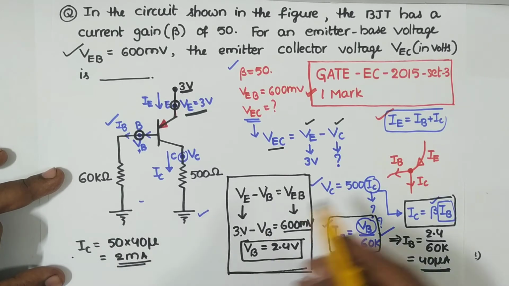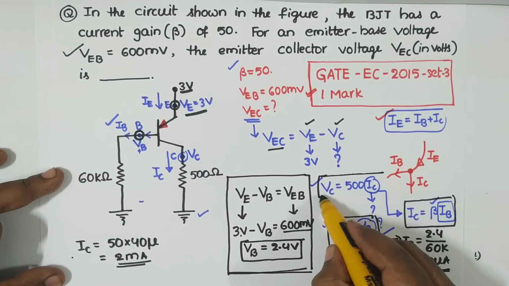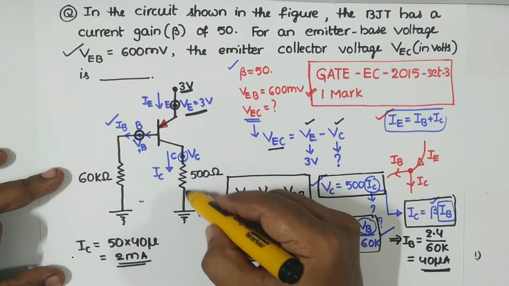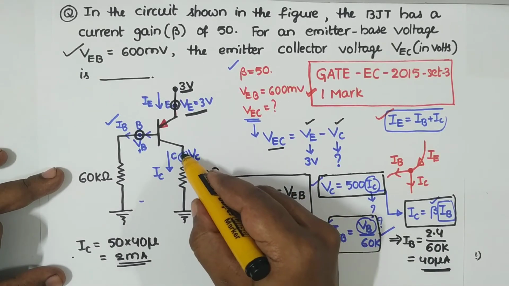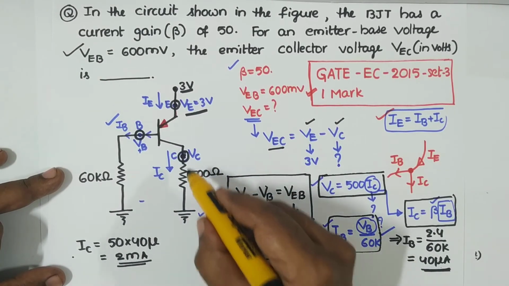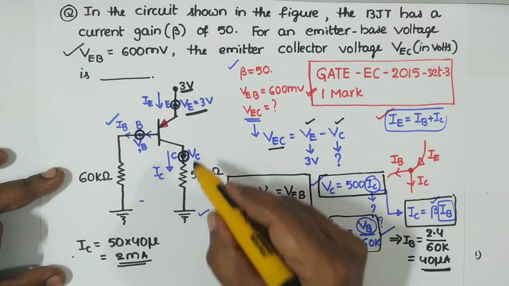If I know IC, I can find VC, because VC is equal to 500 multiplied by IC, because this is my node voltage VC. Every node voltage is with respect to ground.